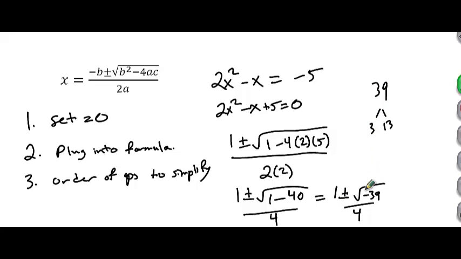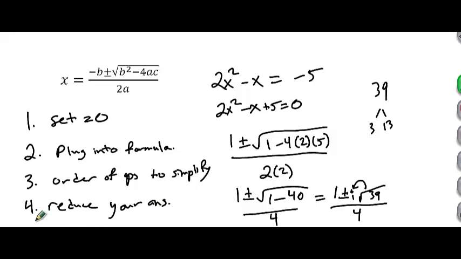But 13 is, so I can't break that down anymore. All I can do is take out the negative and make it an i out front. And this is as far as this particular problem goes. Let's try to make that better. And in the end, order of operations is simplify, and then if you can, reduce your answer.